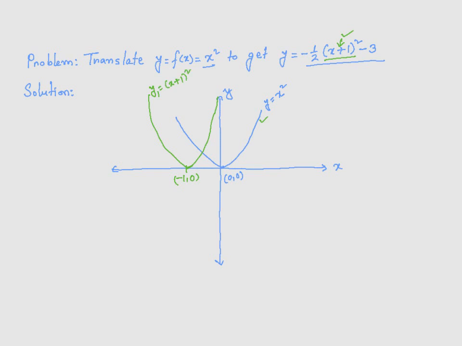Now I'm going to take this (x plus 1) whole squared and multiply it by 1/2. The effect of multiplying by 1/2 is that the original function goes up half as fast. That means it's going to flatten.